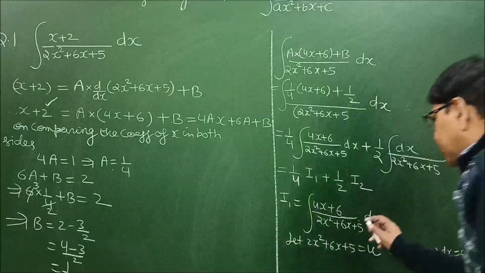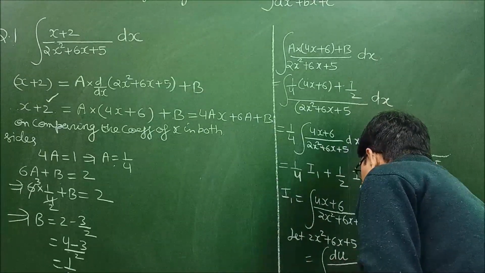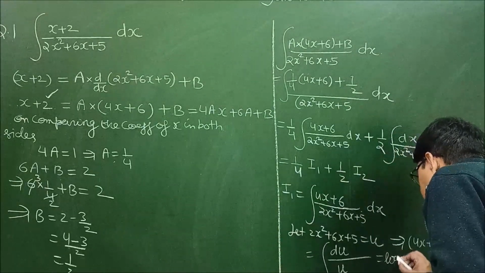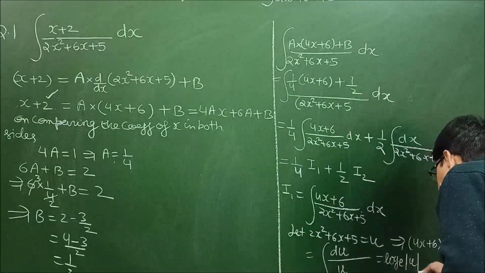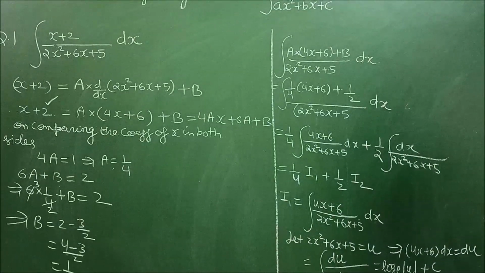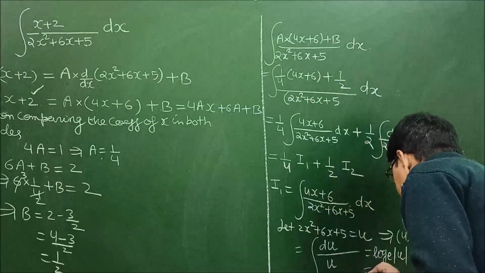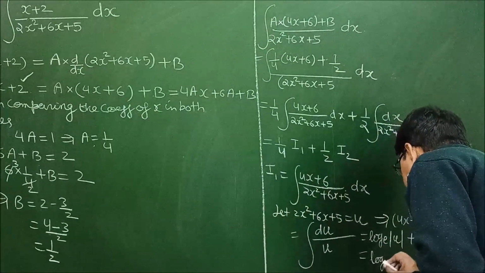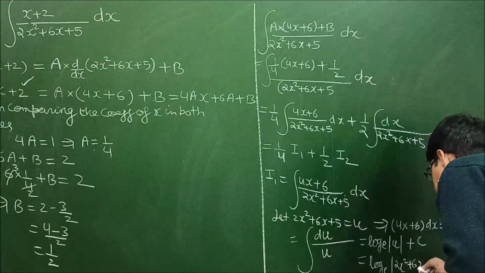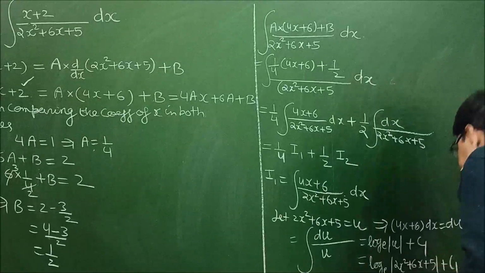So this integral reduces to the form integral of du upon u, which is equal to log mod u plus c. Now the value of u is 2x² + 6x + 5, so this is equal to log base e of (2x² + 6x + 5) plus c1.